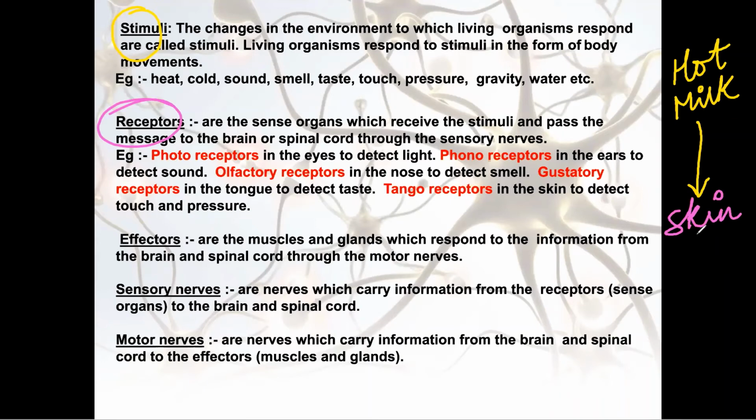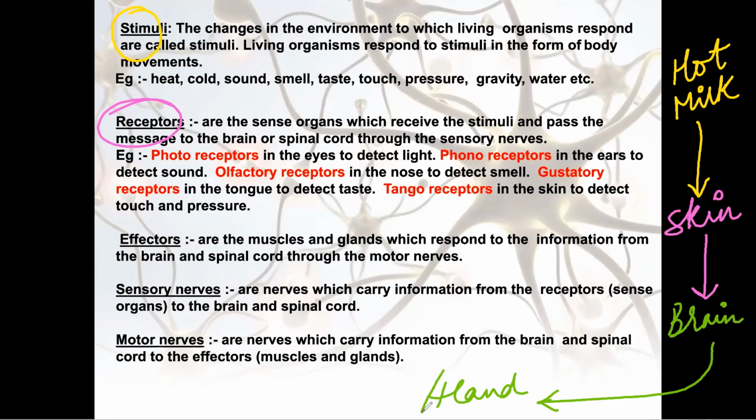Then this will pass the message to the brain, and the brain will convey the message to our arm or hand. And our hand will show the response that we will keep the glass down or remove our hand from it.